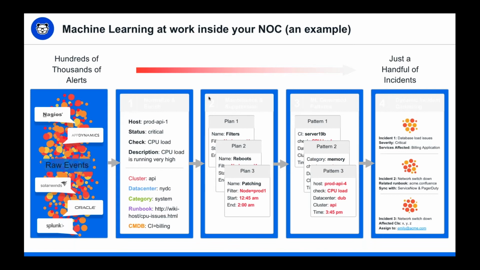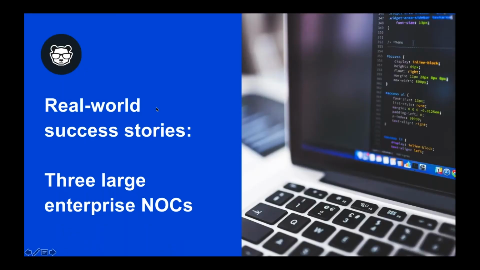There's other things too that we can do, but for the purposes of today's webinar, that's where we're going to focus on. So with that, let's get into a couple of our real world success stories with three large enterprise NOCs that have seen some very tangible benefits with machine learning in the last 12 to 18 months.